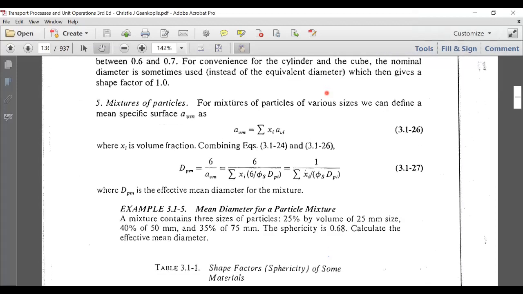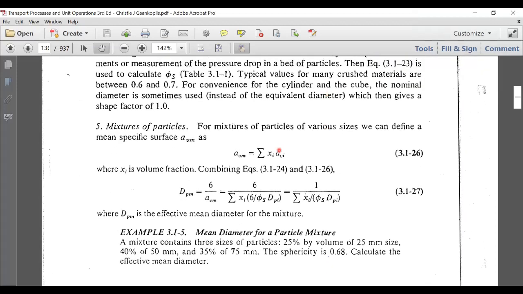For the mixture of particles, we can find the AVM, the mean of AV, or the mean specific surface, by using these equations: sigma of the fraction of the particles times its own AV.